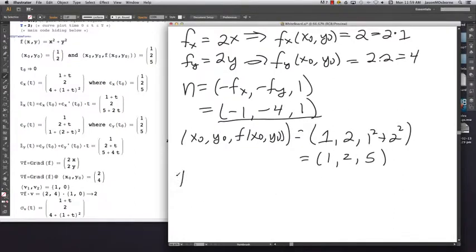So now you can write down the tangent plane to z equals x squared plus y squared at the point x naught, y naught equal to 1, 2.